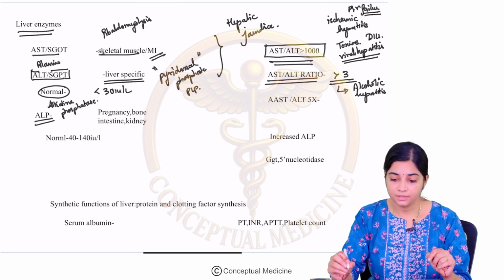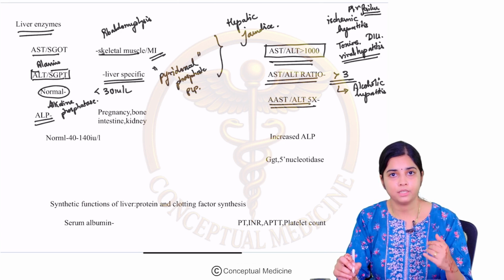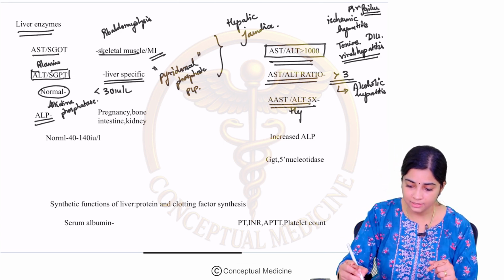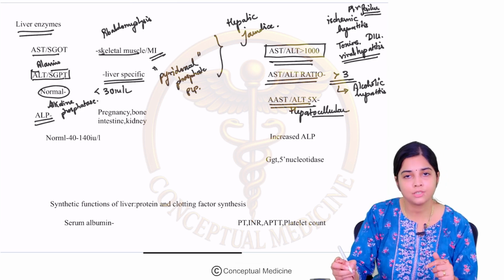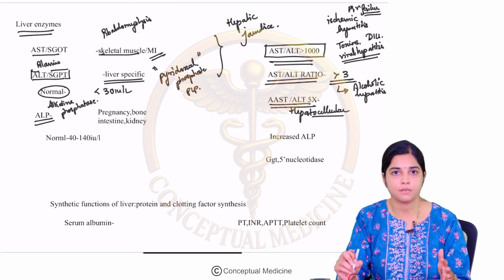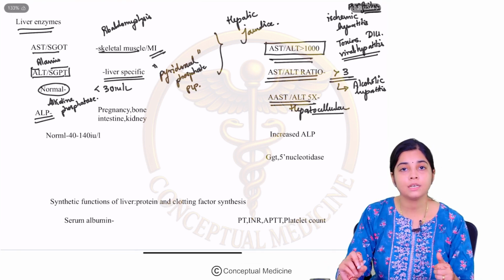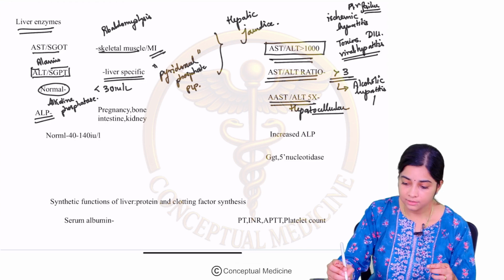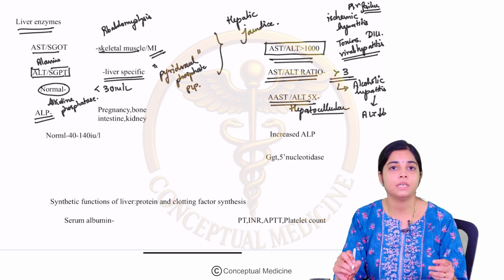Okay. Then, an AST or ALT increase up to 5 times basically indicates hepatocellular damage, which can be due to any cause, which includes viral hepatitis, for example. Okay. In alcoholic hepatitis, why is the AST-ALT ratio more than 3? This is because in alcoholic hepatitis, the ALT reduces much more in comparison to the AST.